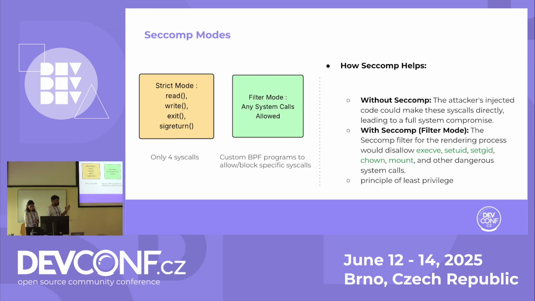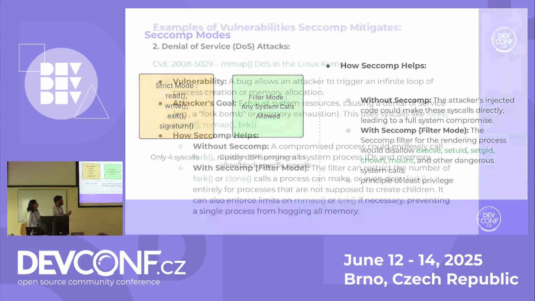So it mitigates this by restricting only a limited set of system calls, that is execve, setuid, or getuid. When malicious code tries to access execve, Seccomp restricts that execve system call. So it gets mitigated because it returns an error to the user space application.